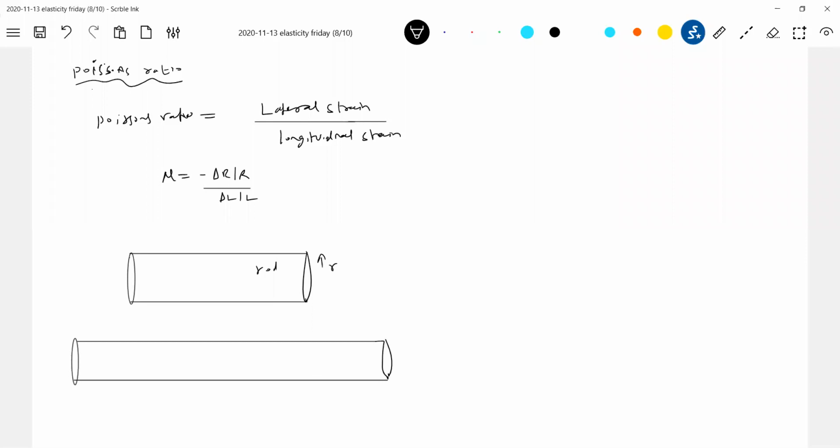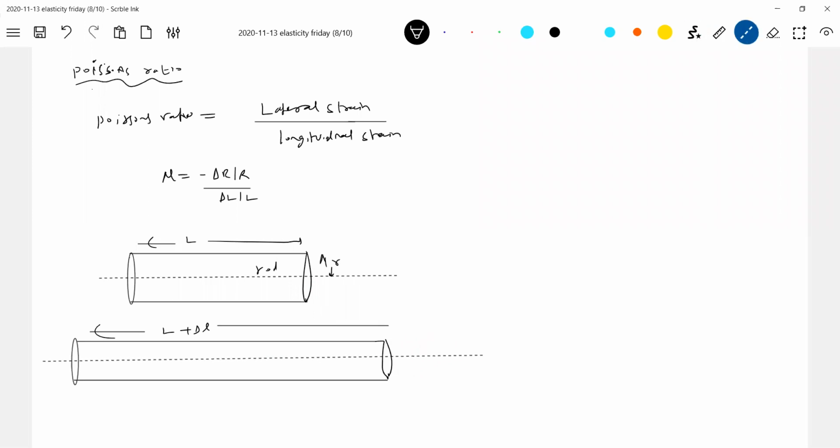Earlier the radius was R, and the length was L. Now the length is L plus delta L. The radius, how much has it become?